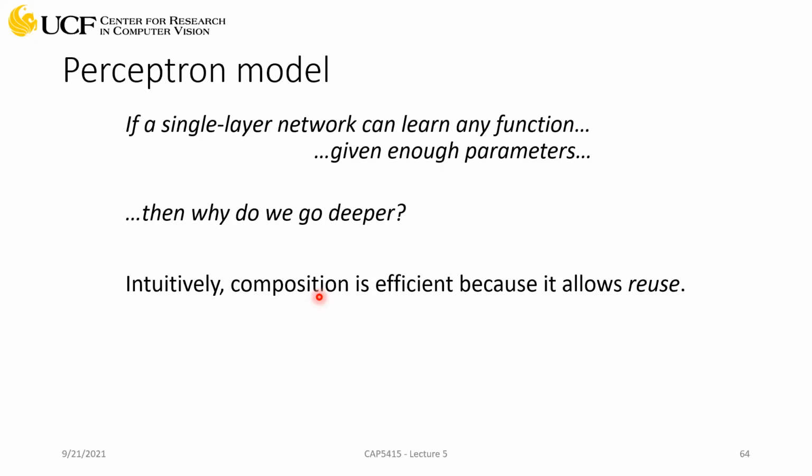The NAND gate is a very basic function. Similarly, we can learn very small functions in the form of layers. Then if you have a stack of layers, you reuse those functions again and again. That's called composition. And that reuse brings the requirement of the number of parameters in your networks down, and that's why we need multiple layers. Of course, we can just have a single layer and learn it, but that's not efficient.